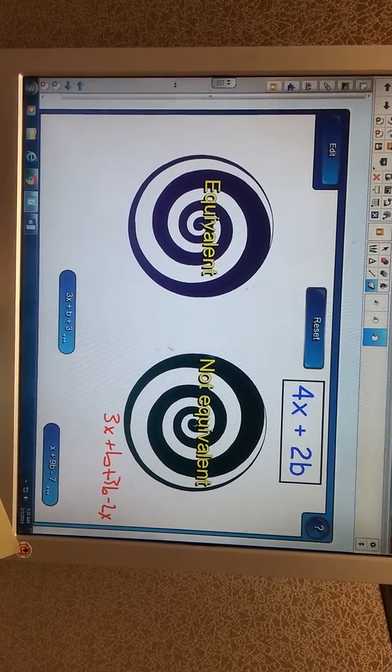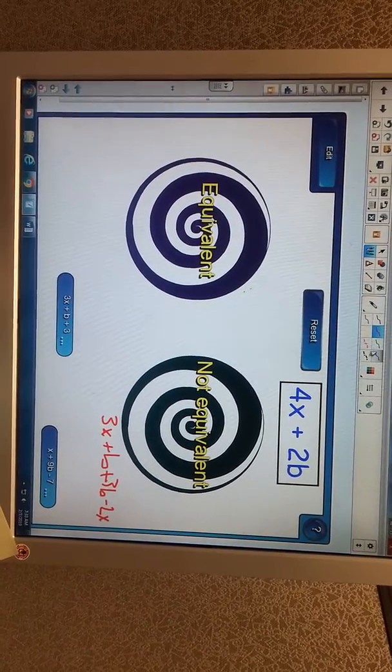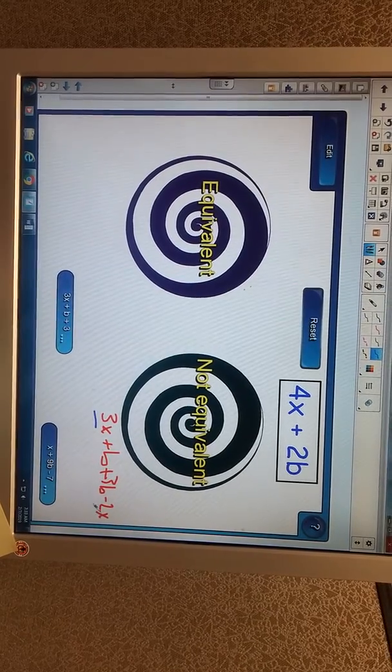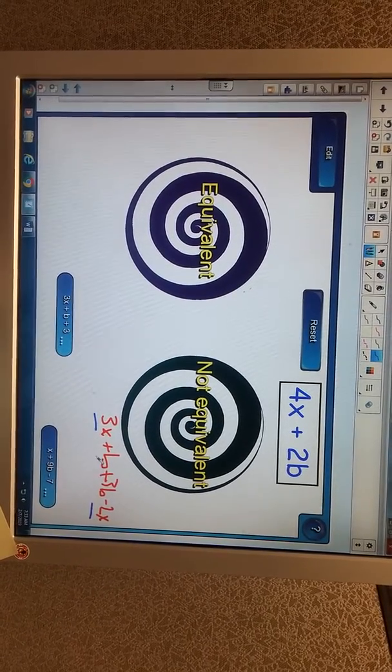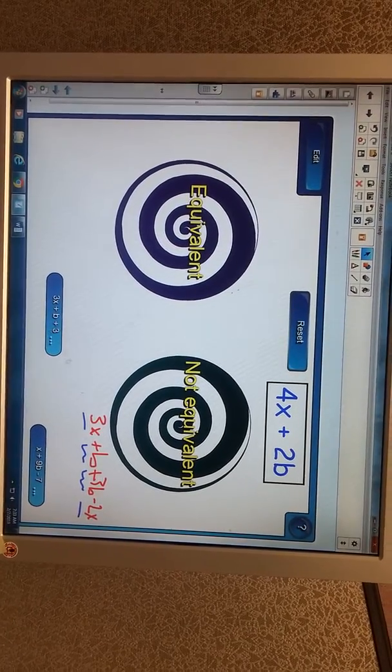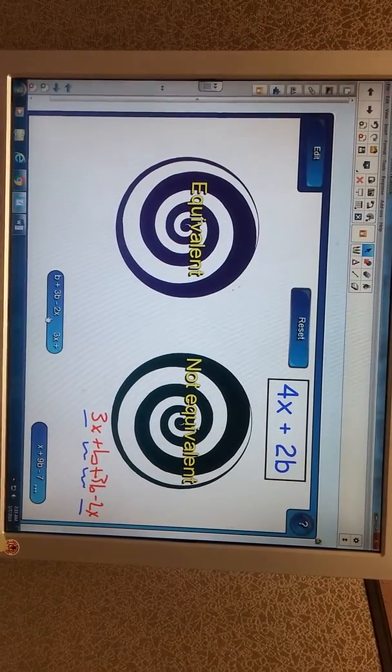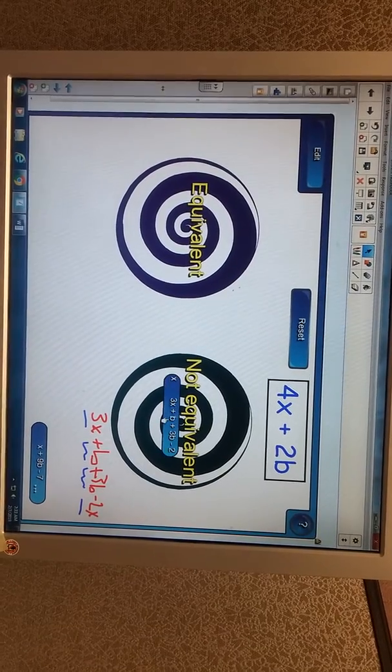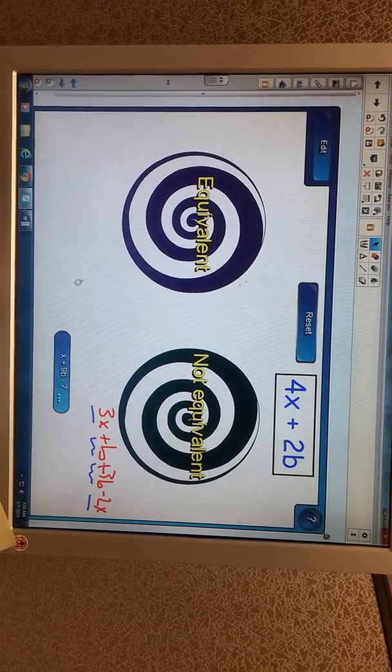So as you work through this one and code it, you know that we have 3x minus 2x, and we have 1b plus 3b. So 3x minus 2x, that's only going to be 1x, so we should know right away that that is not equivalent.